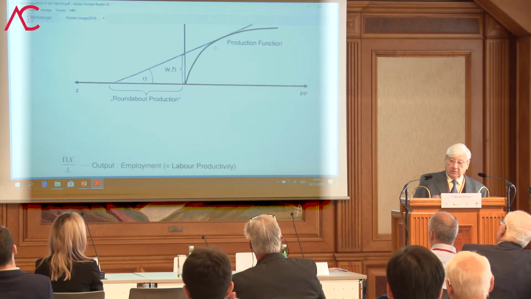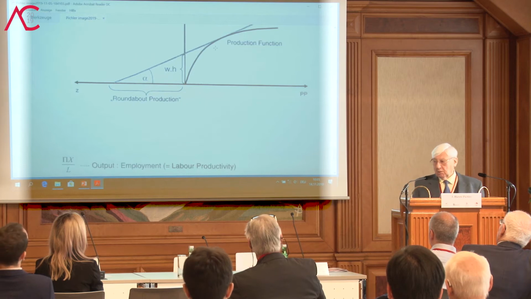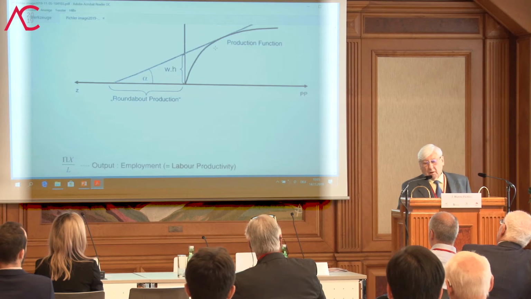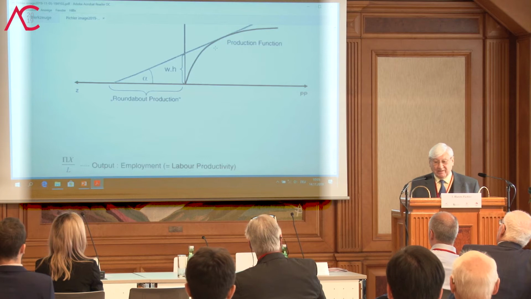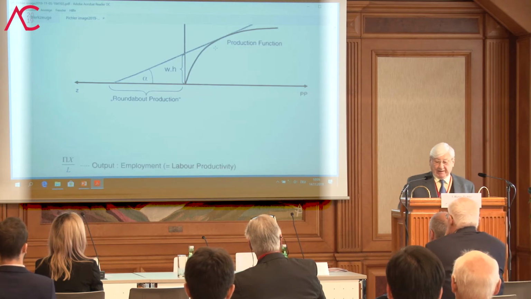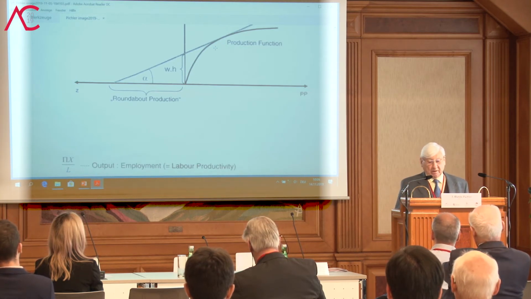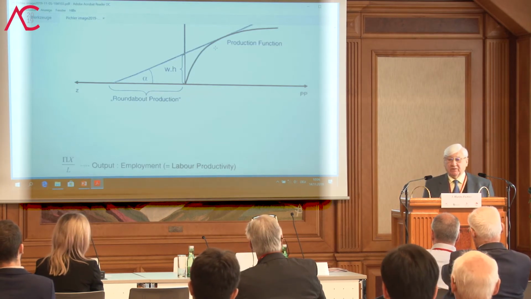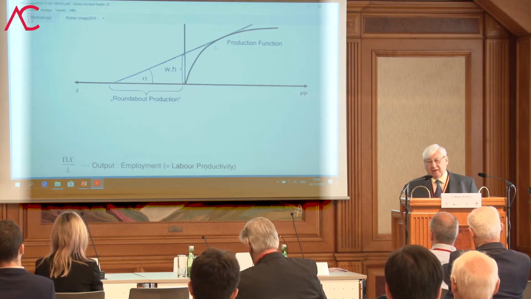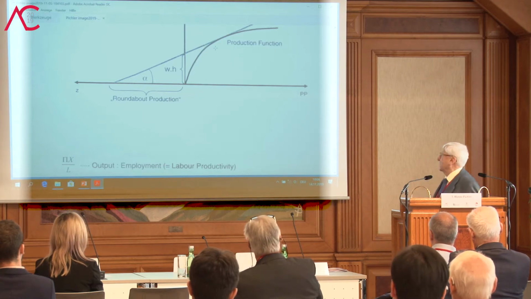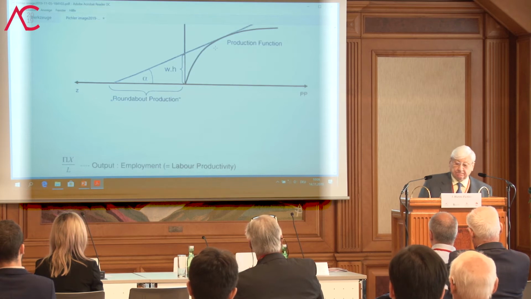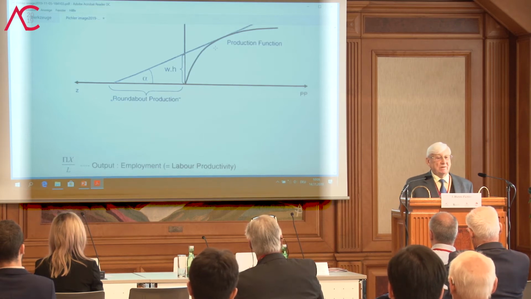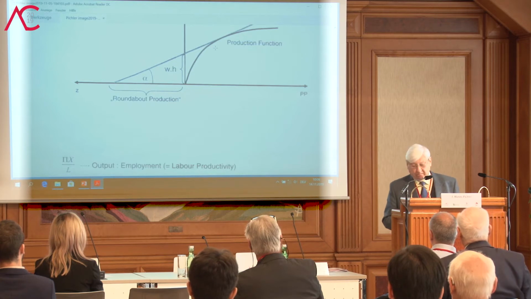On the vertical side, it's simply the productivity, and on the horizontal, it's the production period, which is important in the Bawerkian context. And on the horizontal opposite side, and that's Wicksell's ingenious contribution, he measures the roundaboutness of production.